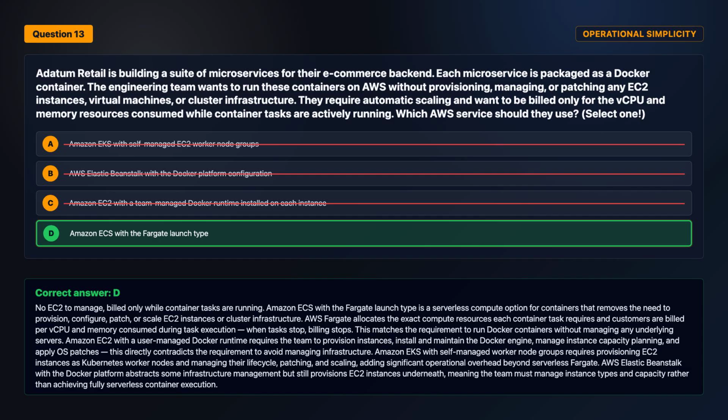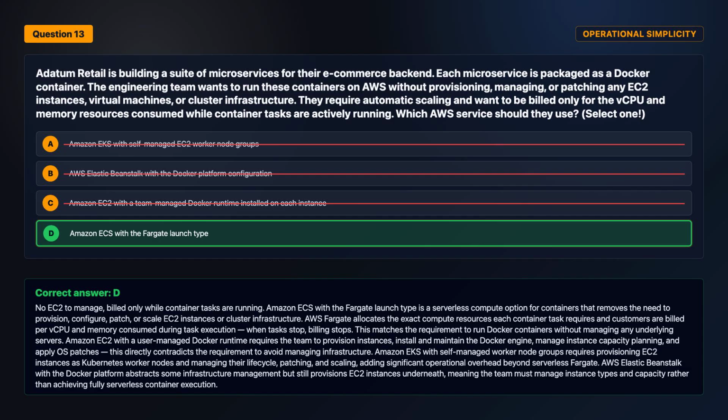Amazon EC2 with a user-managed Docker runtime requires the team to provision instances, install and maintain the Docker engine, manage instance capacity planning, and apply OS patches. This directly contradicts the requirement to avoid managing infrastructure.